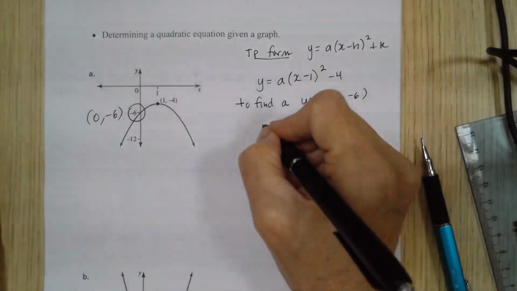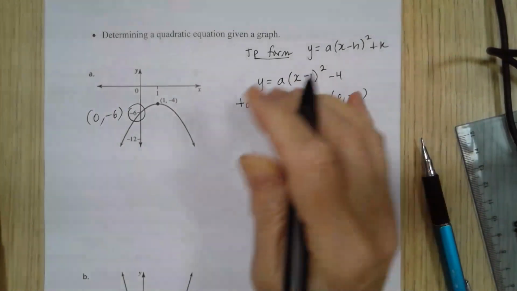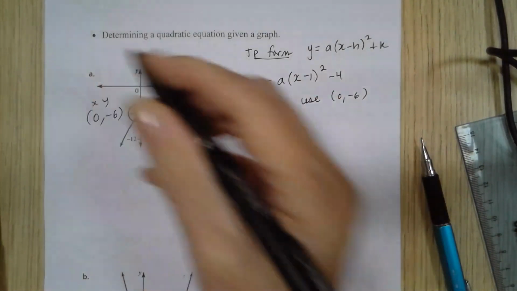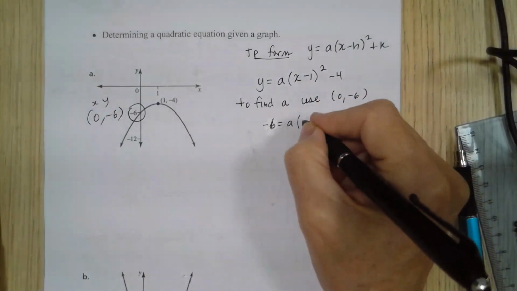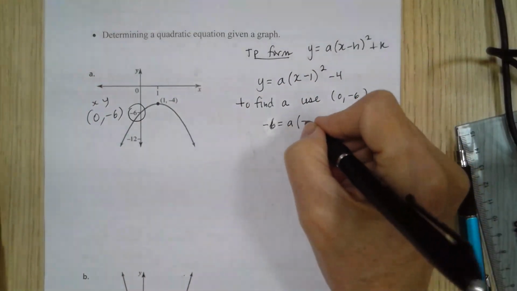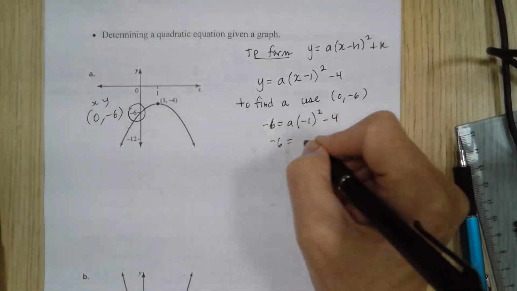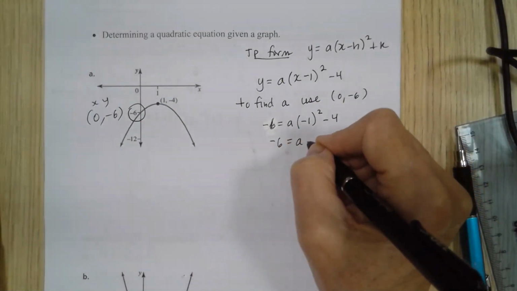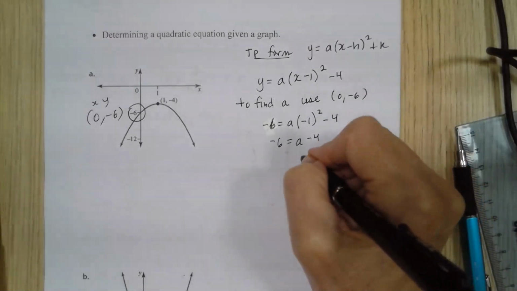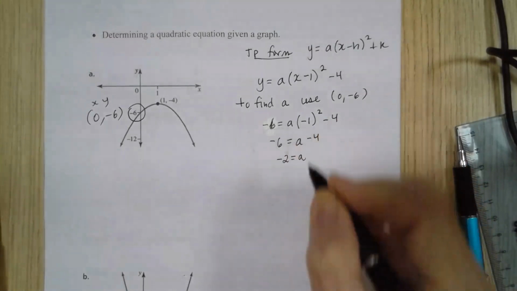I'll do -6, because that's what y is, right? That's the x and that's the y. -6 equals a, bracket, and then the x is 0, so -1 squared minus 4. So -6 equals a times 1 minus 4, so a equals -2.